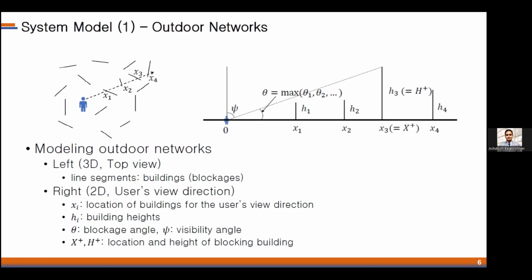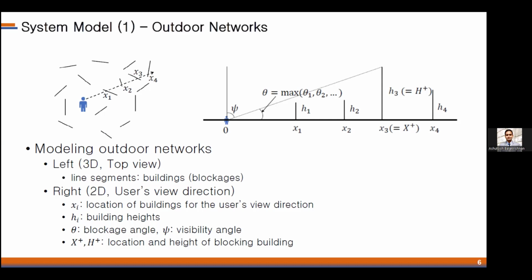But it is somewhat complicated, definitely at the initial stage of this project. So we focused on the user's view direction, which is illustrated as the dotted arrow from the user, and this is mapped to the right figure. We try to simplify the model in a two-dimensional scene.